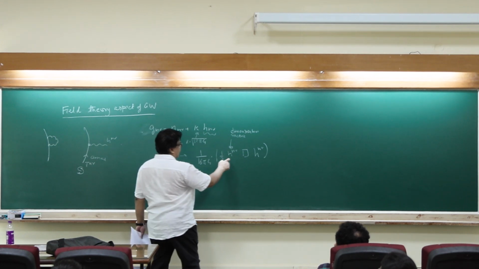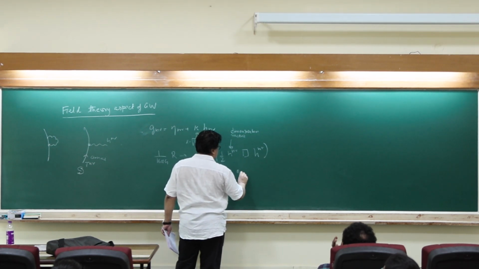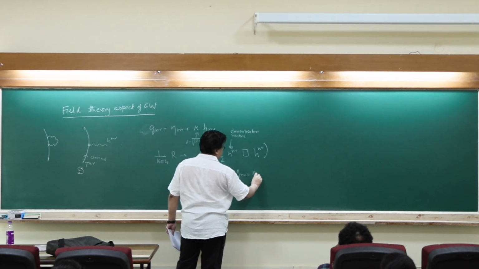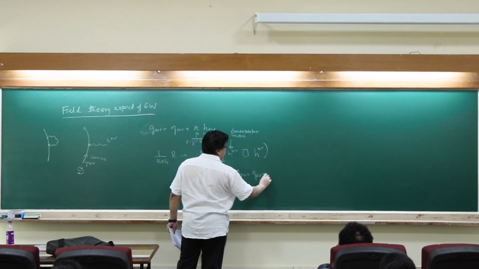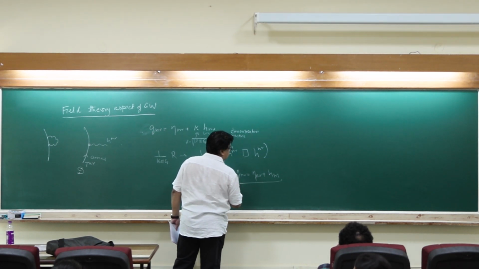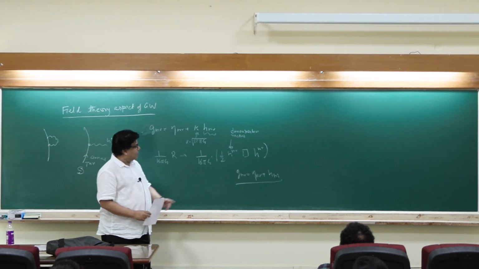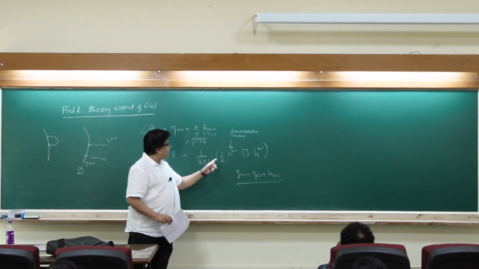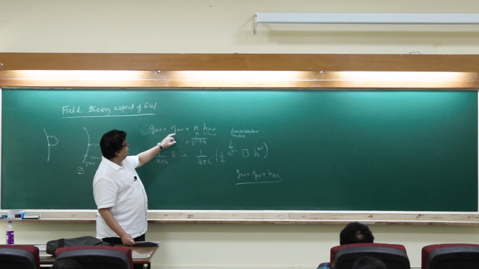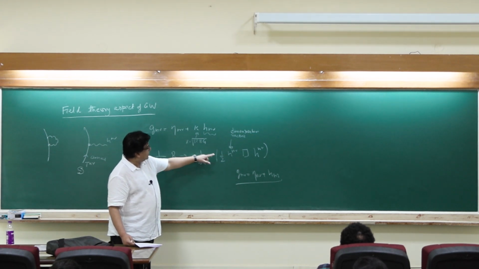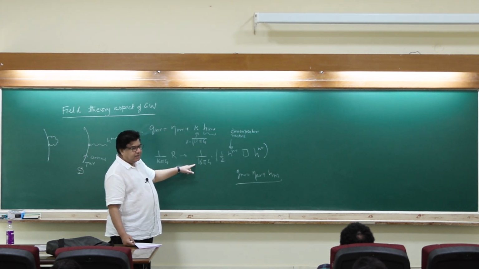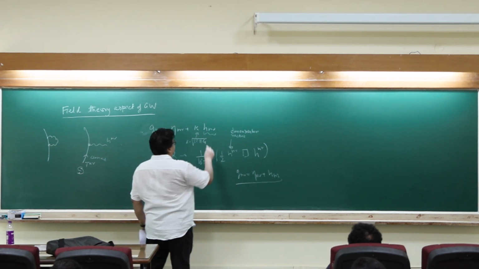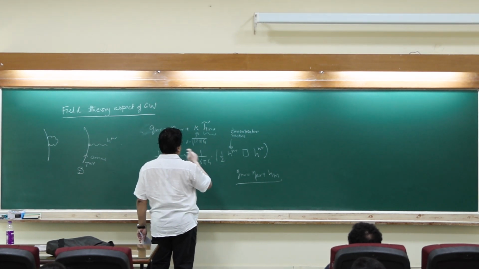This was when I expanded G mu nu is equal to eta mu nu plus H mu nu. So this is what I was doing last time. You would have got this, but what you have to do is expand with a kappa so that you absorb this 32 pi G there. So, just to differentiate, let me call it tilde here.